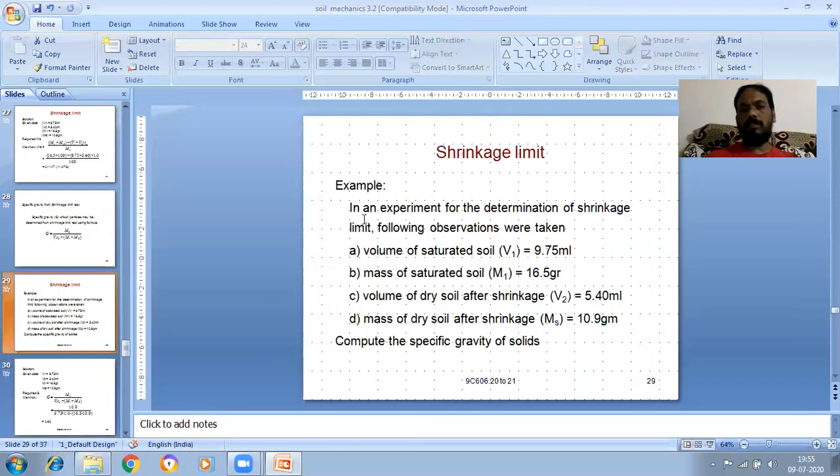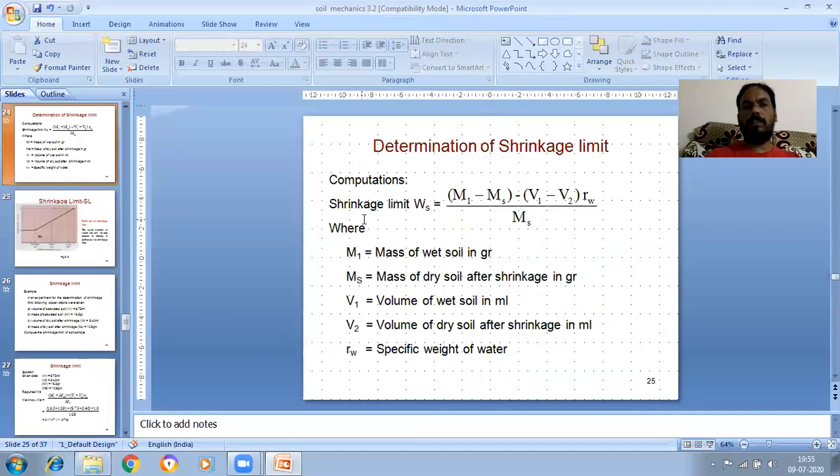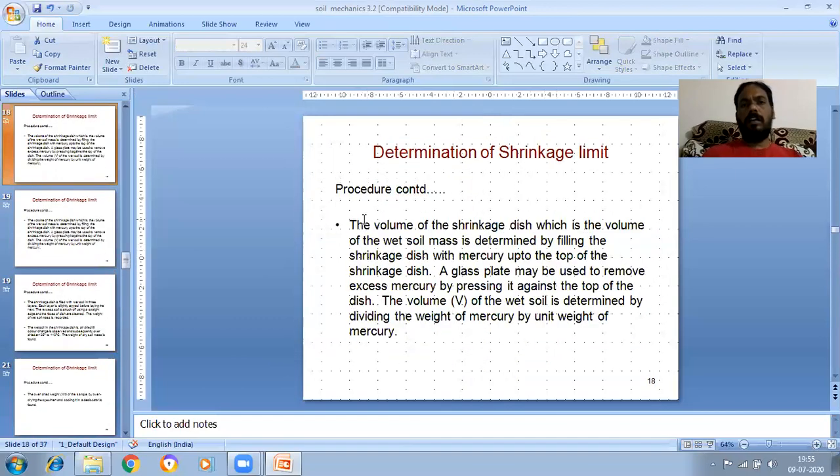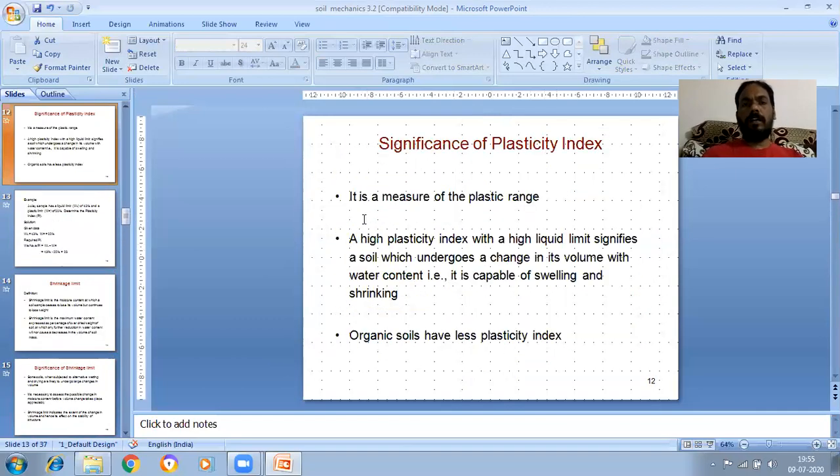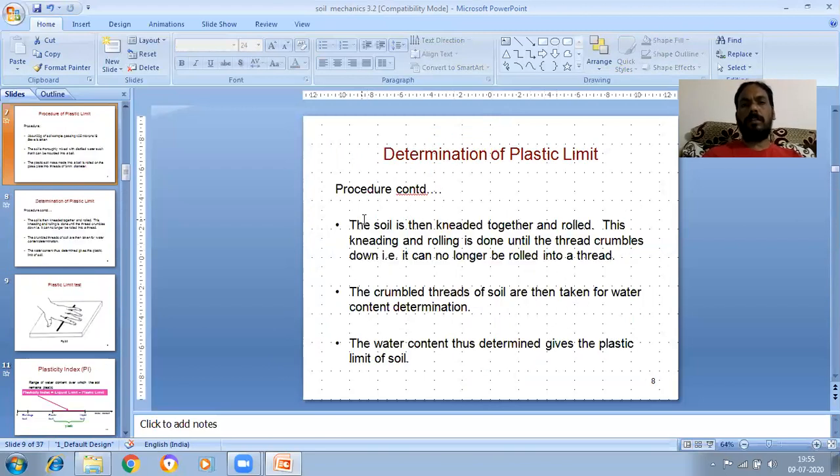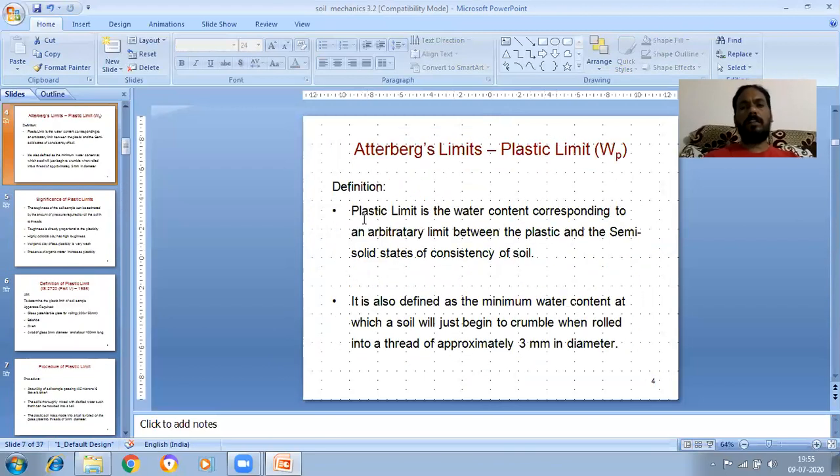So this is all about today's class. What we have discussed today is the Atterberg's limits. We are continuing the Atterberg's limits. Last class, we discussed the liquid limit, how to determine it, and what the importance of the liquid limit is.